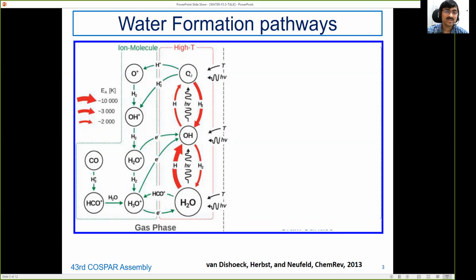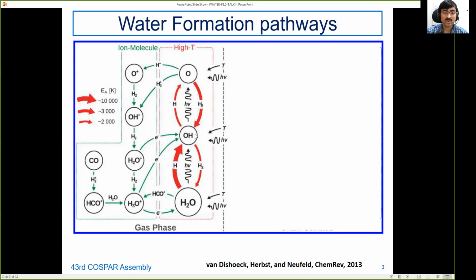Atomic oxygen can react with H+ or H3+ to form either O+ or OH+, which can successively react with molecular hydrogen to form H2O+ and then H3O+, which can recombine with an electron to form water. Atomic oxygen can also directly react with H2 to form OH, but this has a barrier, so it is possible only at high temperature.